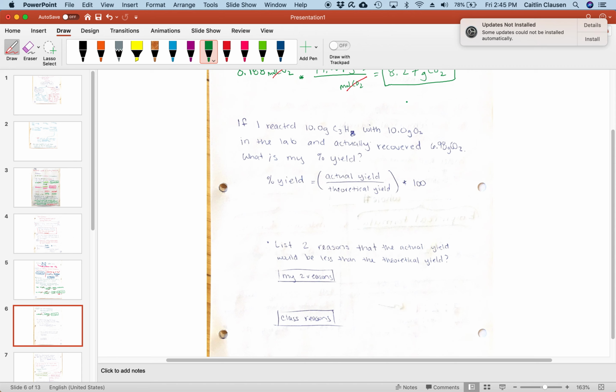So you have to divide your actual yield by your theoretical yield and multiply it by 100, and that's going to give us 6.98 grams CO2. My theoretical yield, which I just calculated, times 100.